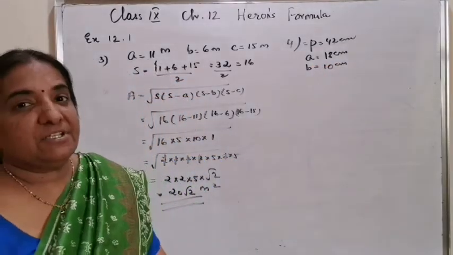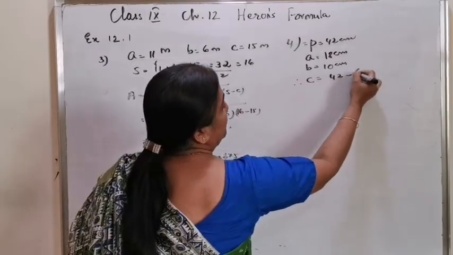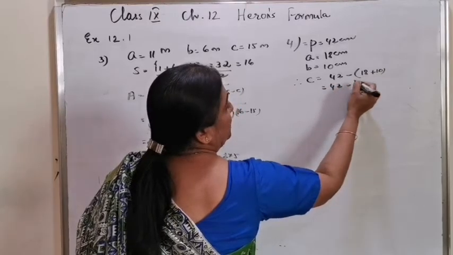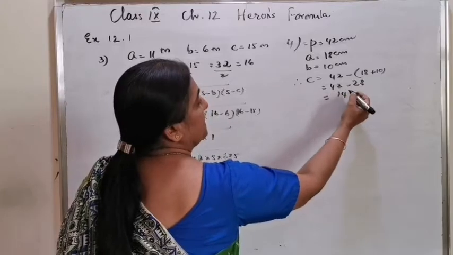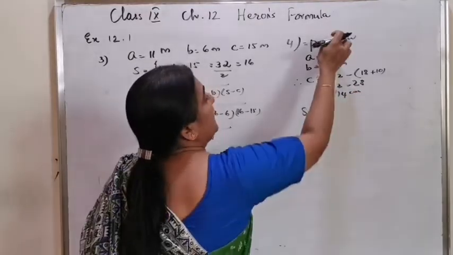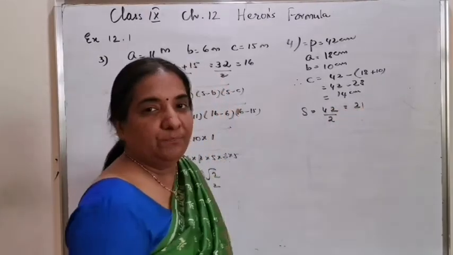The perimeter is given, so you can find the third side. Therefore, C is equal to 42 minus 18 plus 10. 42 minus 28 is 14 centimeter. S value you can directly write as 42 by 2, which is equal to 21.